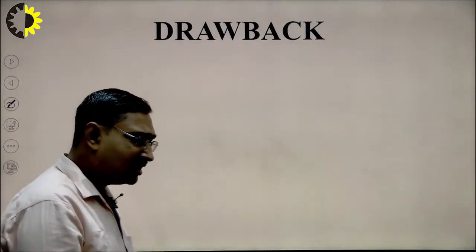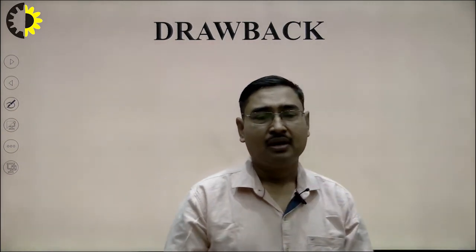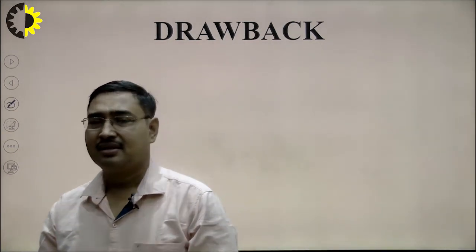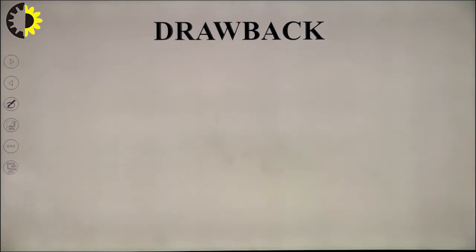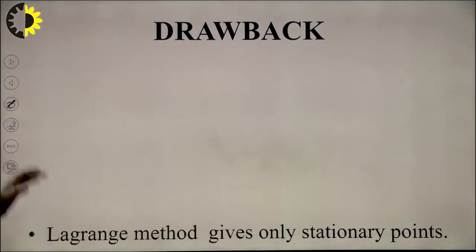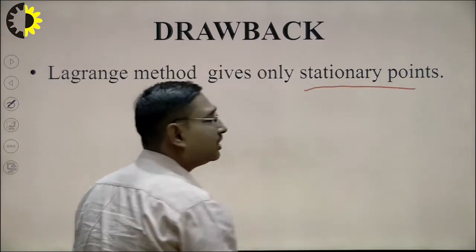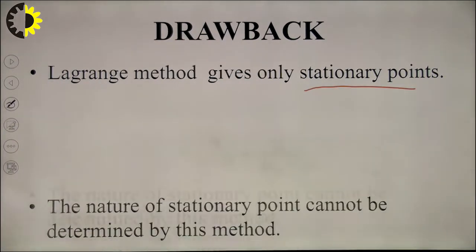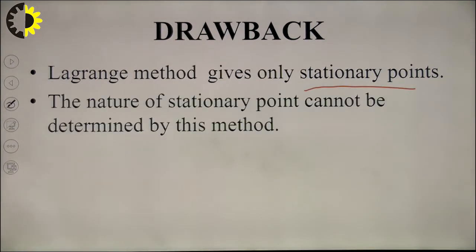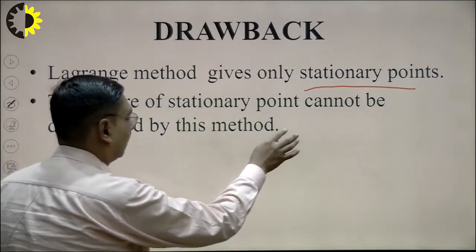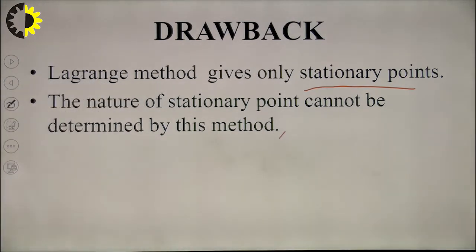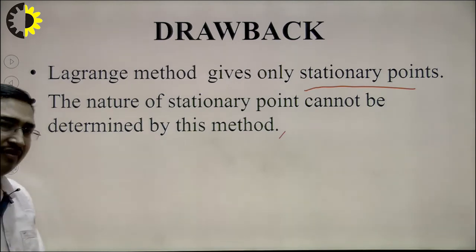Now, what is the drawback of this method? The drawback of the method is that we cannot determine the nature of extreme points. Lagrange method gives only stationary points. The nature of a stationary point cannot be determined by this method. That is, when we find the values of x, y and z, we will get a point.